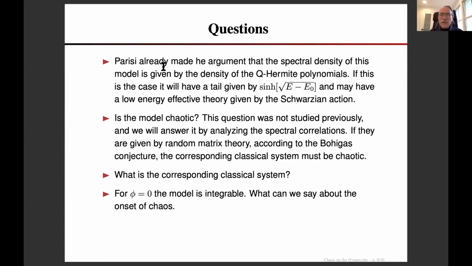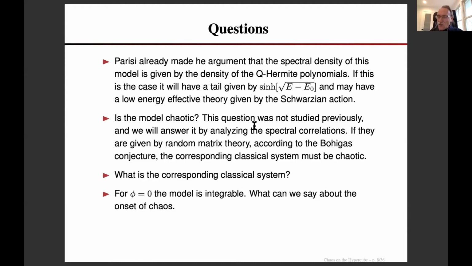And that means that the density of eigenvalues has a tail which looks very familiar, e to the power of square root of E. And this is exactly the tail that corresponds to the Schwarzschild action. So this model may have a low energy theory given by the Schwarzschild action.